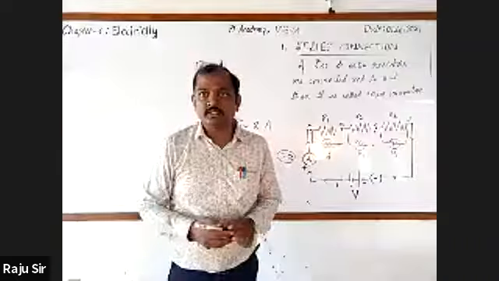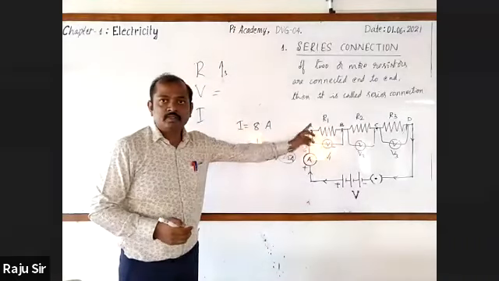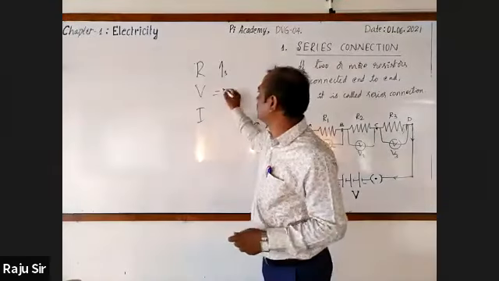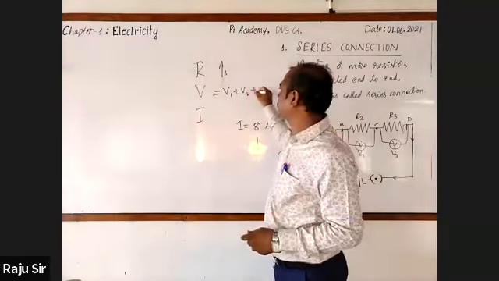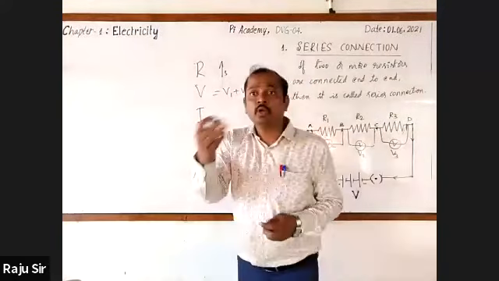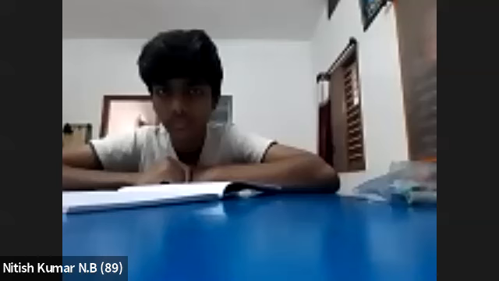Voltage: when the resistors are connected in series, the sum of the voltage across each resistor is equal to the voltage of the battery. Here V1 plus V2 plus V3, because there are 3 resistors. Next, total current. Total current decreases. Clear?